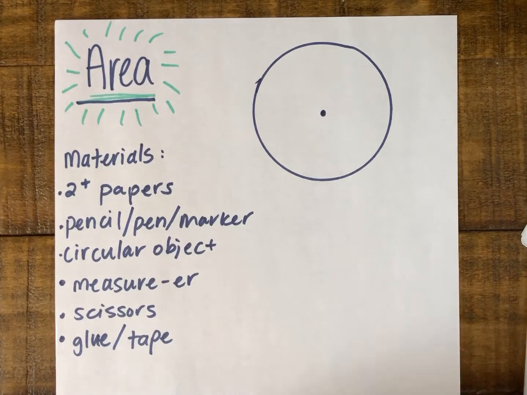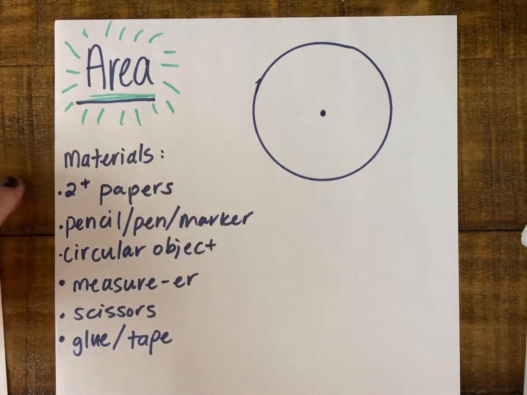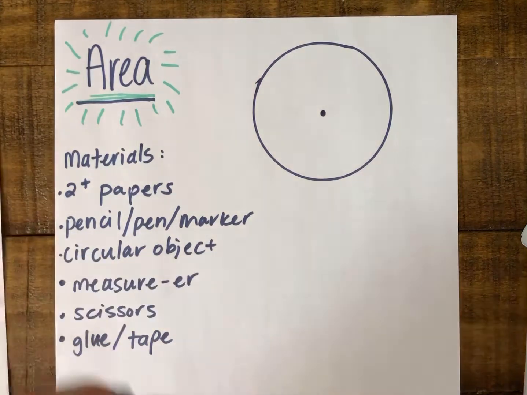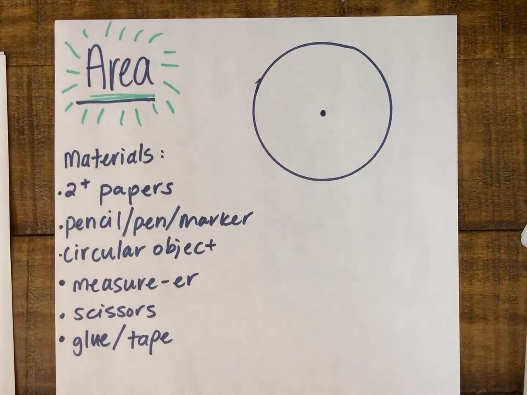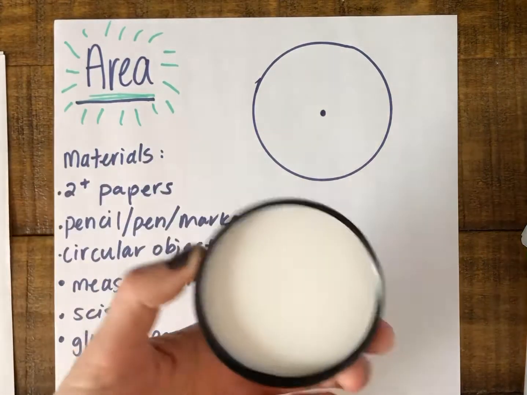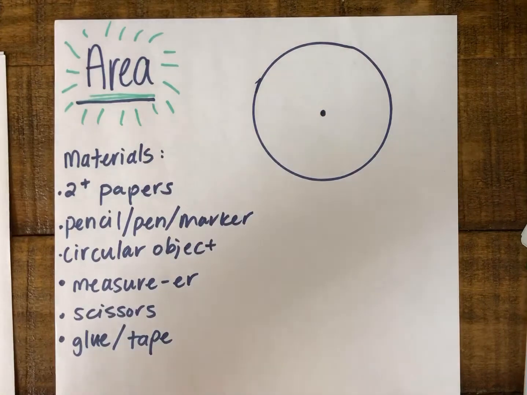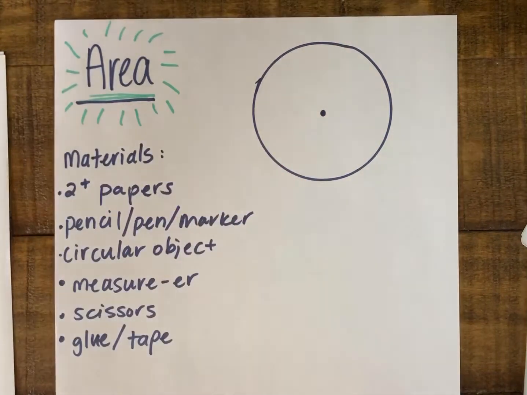So we're going to need some materials. Today we'll need at least 2 pieces of paper, a pencil or a pen or a marker or something, something circular. So now I have the top of a candle, something to measure with. So I'm still working here with my tape measure, but you can use a ruler or anything else that can measure for you.